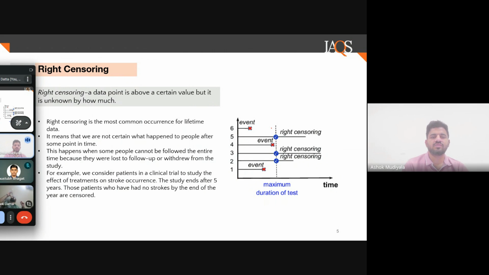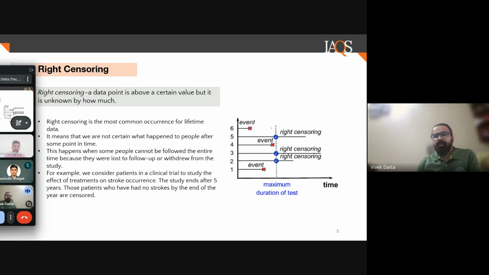This happens when some people cannot be followed the entire time because they were lost to follow up or withdrew from the study. For example, we consider patients in a clinical trial to study the effect of treatments on stroke occurrence. The study ends after 5 years. Those patients who have had no strokes by the end of the study are censored.